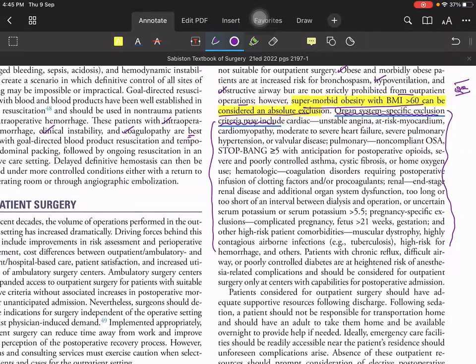What are the other organ specific exclusion criteria for outpatient surgeries? There are many. You should remember this, it is very important.